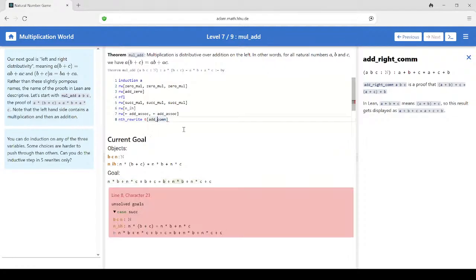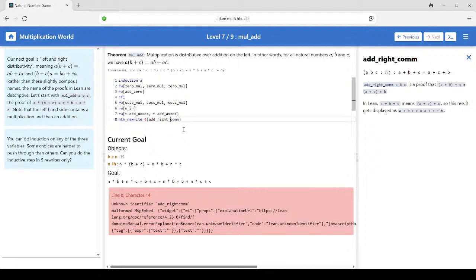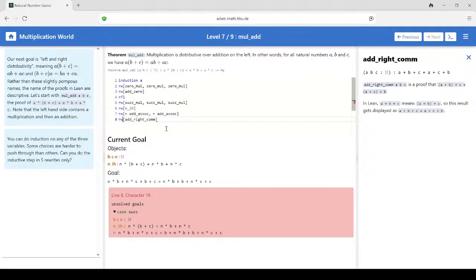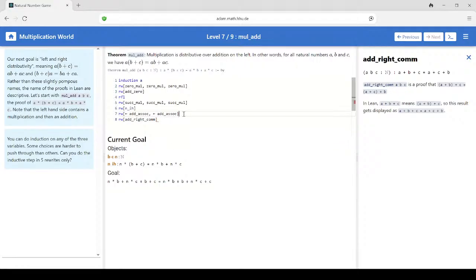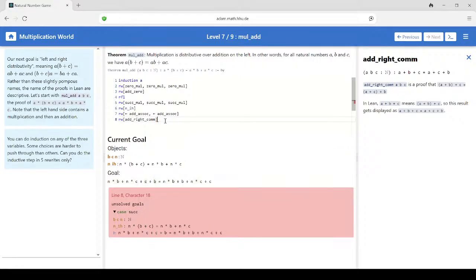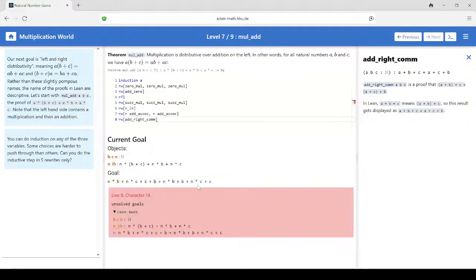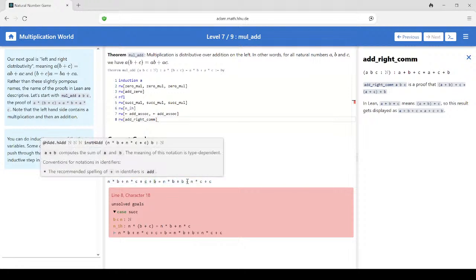Let's see, add right. What'd that do? That switched b and c around, which is something that I needed to do, I guess.